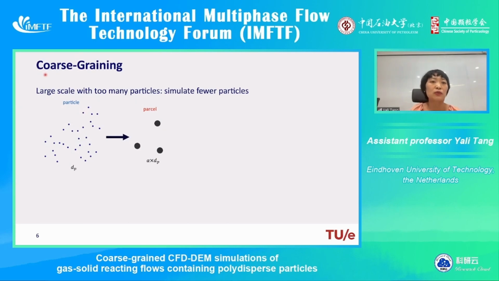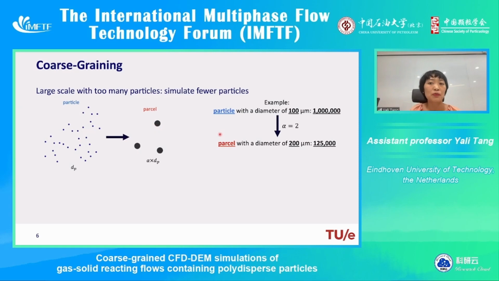The essence of this approach is to represent a group of small particles by a larger parcel. We call it a parcel. Sometimes you can also call it a numerical particle. To give an example, if an original system contains, let's say, 1 million particles with a size of 100 micrometer, and we scale the particle size by a factor of 2, then the parcel size will be 200 micron.